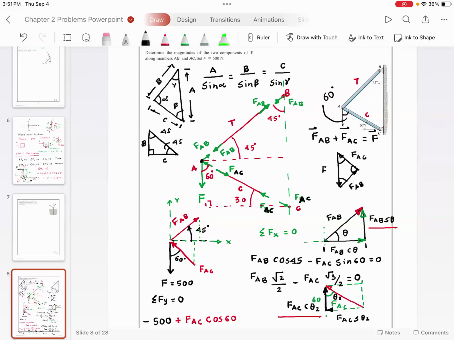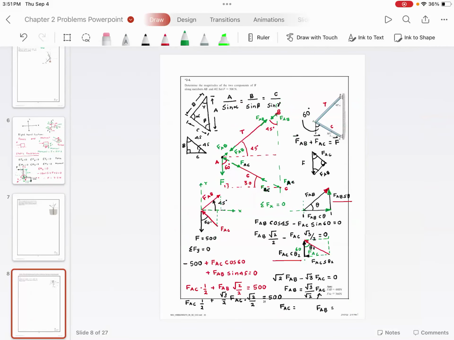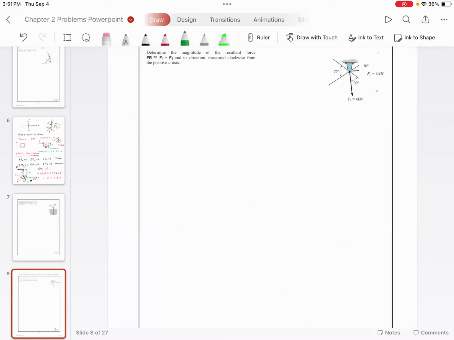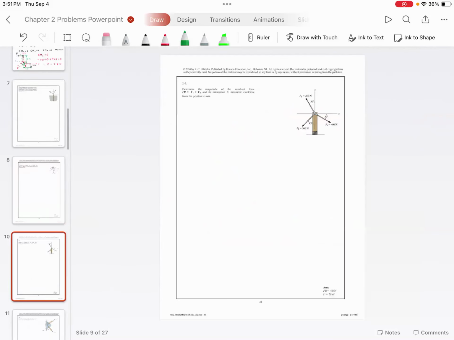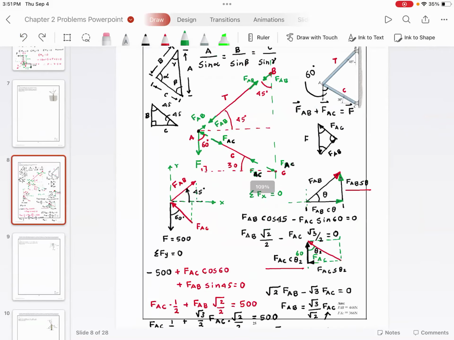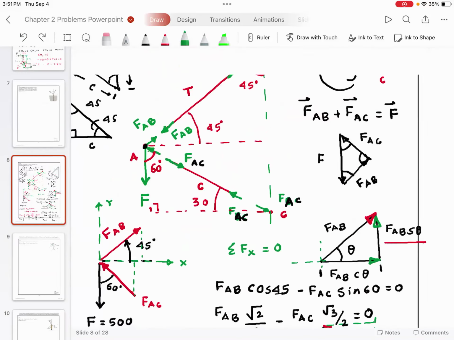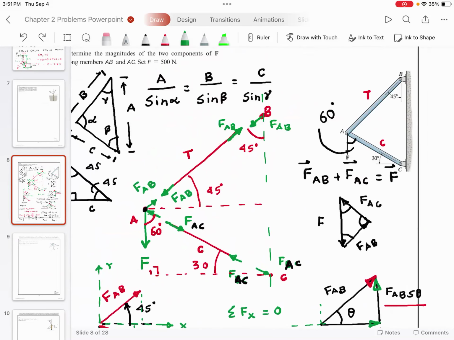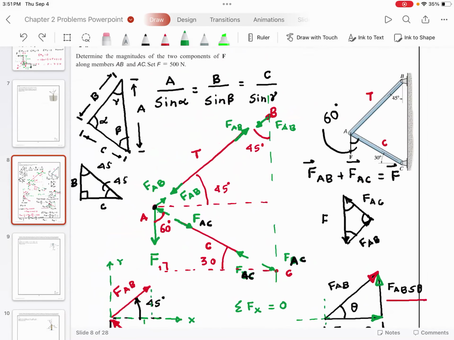You agree with me? If this angle is 60 degrees, then this angle is going to be 60 degrees.